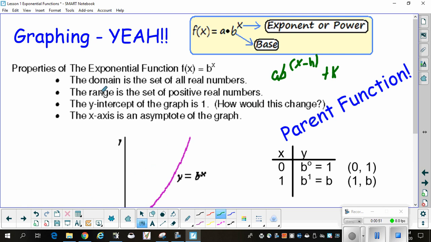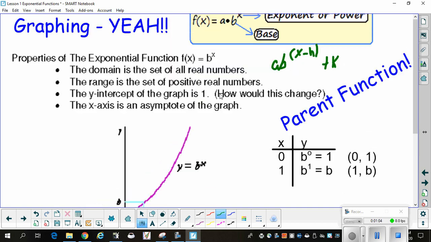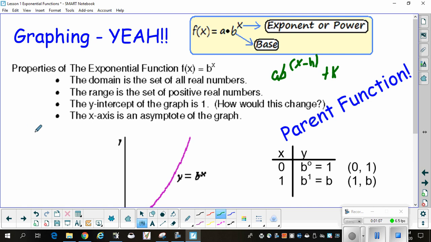All right, so the domain is the set of all real numbers. I can put any real number in here, from negative to positive to even 0. The range is the set of positive real numbers when I'm just looking at the parent function. The parent function is f of x or y, it doesn't really matter, is equal to b to the x.